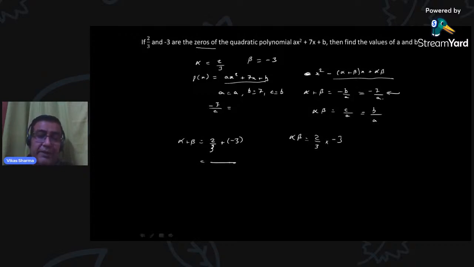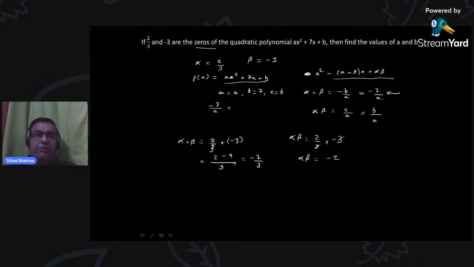So let us find this. 3 becomes the LCM. It will become a negative and multiplied by 3. So it will become minus 9, is equal to minus 7 upon 3. And alpha beta will be equal to, 3 and 3 get cancelled. So alpha beta will be minus 2.